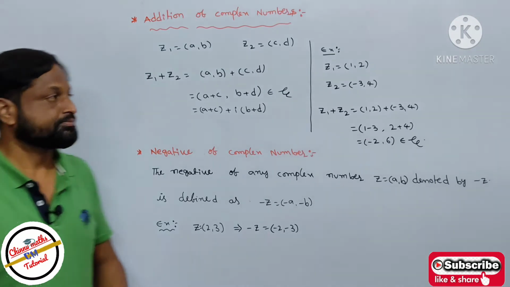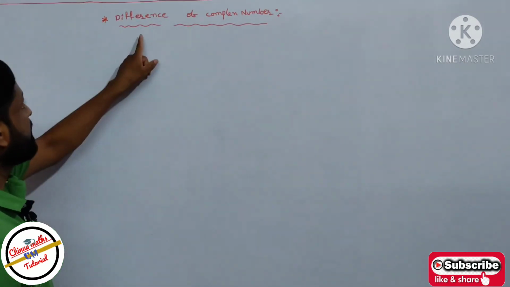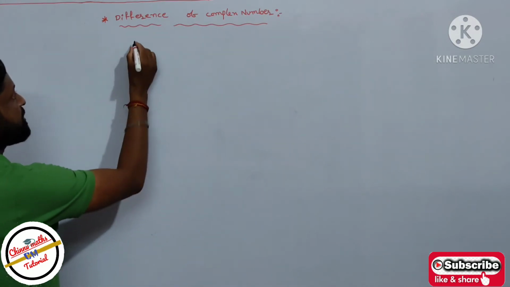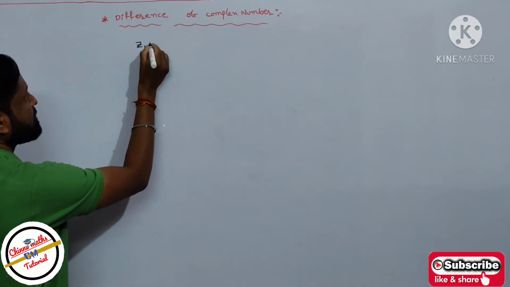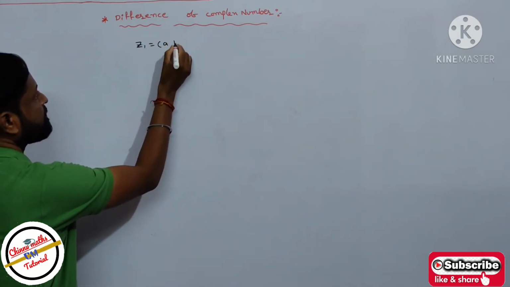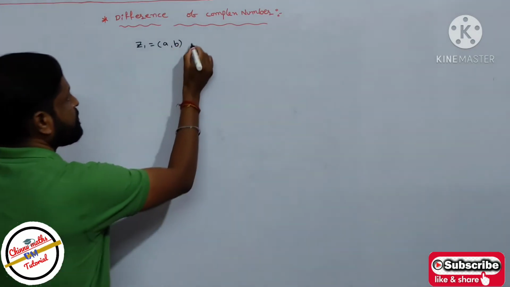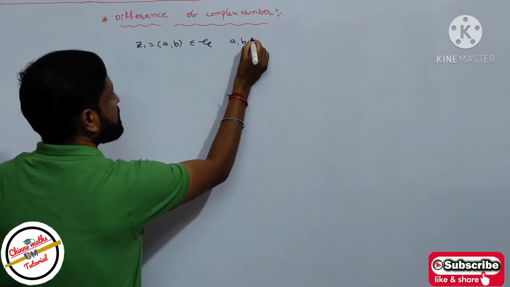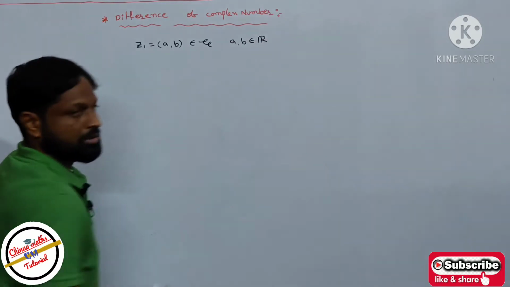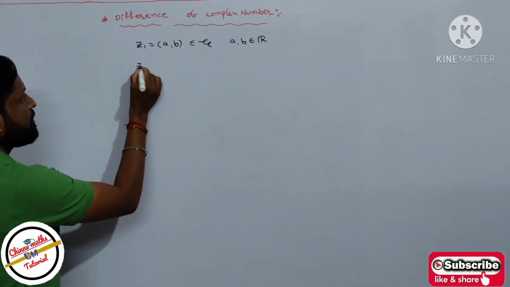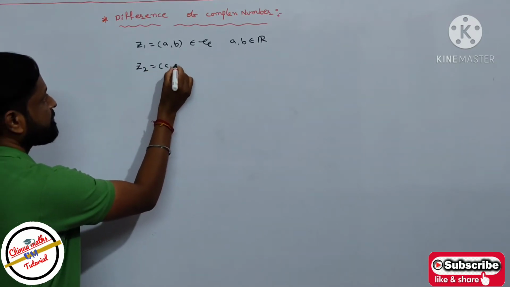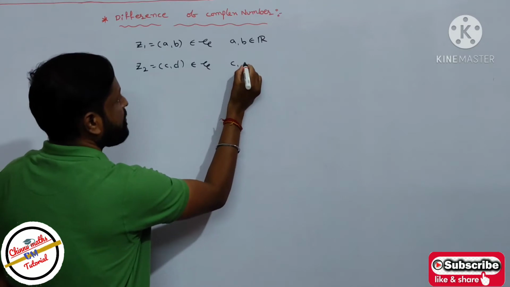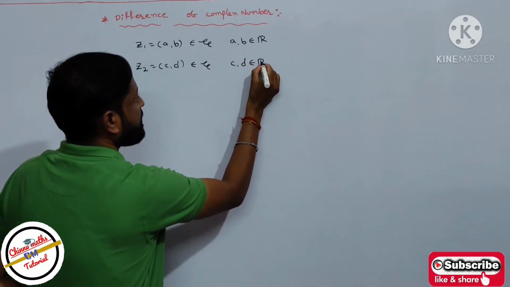Clear? Next one, difference of complex numbers. What is the difference of complex numbers? If we take the complex number z1 equal to a comma b, it belongs to the complex numbers, and a comma b belongs to the real numbers. Clear? Then z2 equal to, I will take c comma d, it belongs to the complex numbers, and c comma d belongs to the real numbers.